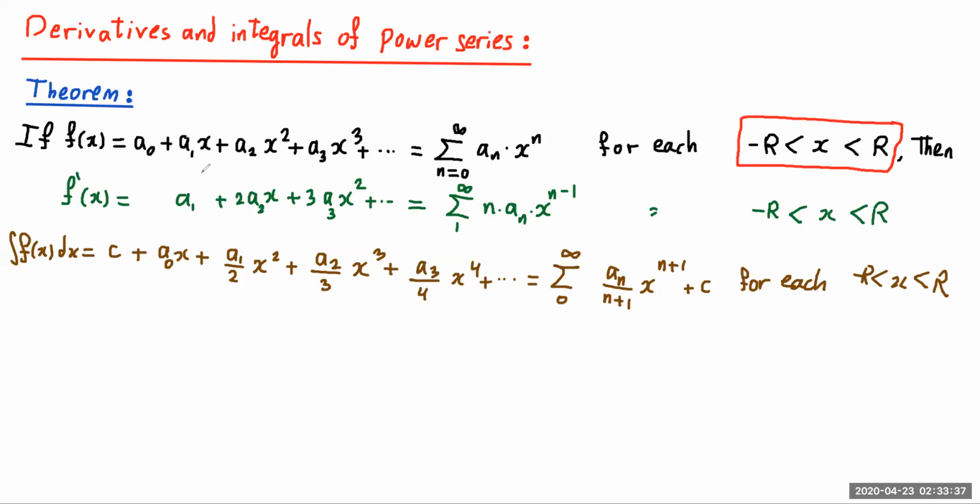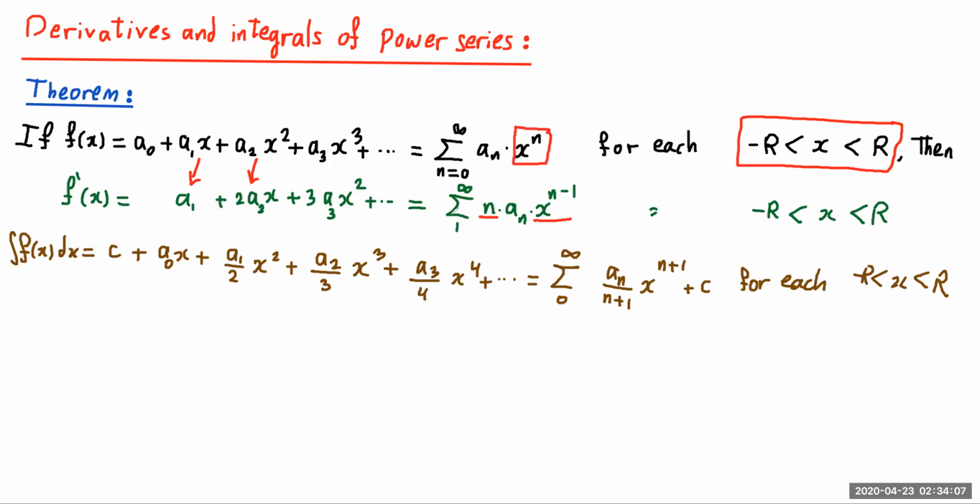Then the derivative of f will be given by the derivative of a0, which is 0, the derivative of a1x, which is a1, the derivative of a2x power 2, which is 2a2x, etc. So I will take the derivative term by term. If I write the sigma like this, sigma an x power n, the derivative of x power n is n times x power n minus 1.